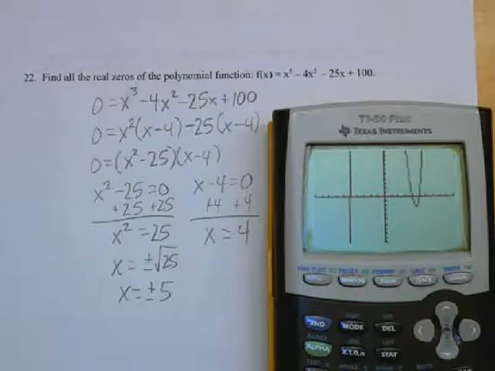And if you zoomed in, used the zero function, you'd see that those 3 zeros agree with the answer that we did algebraically. Now on the test, there may be only one rational zero, in which case you'd have to use division to get it to a quadratic, and then possibly use the quadratic formula.